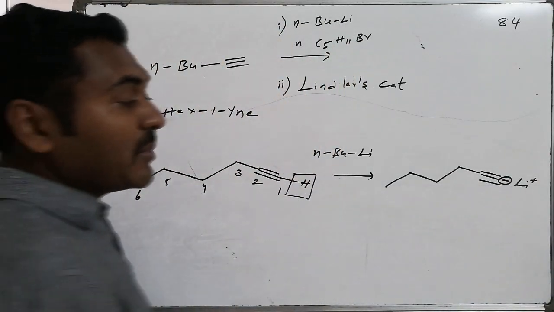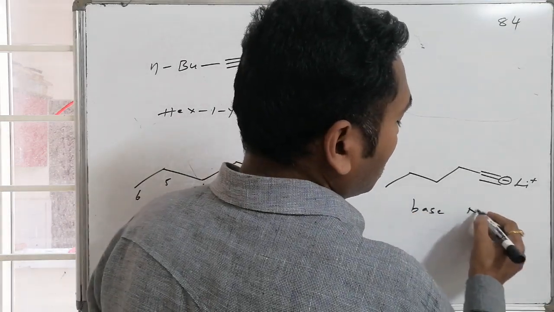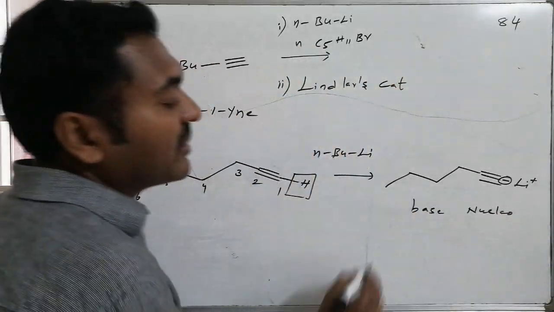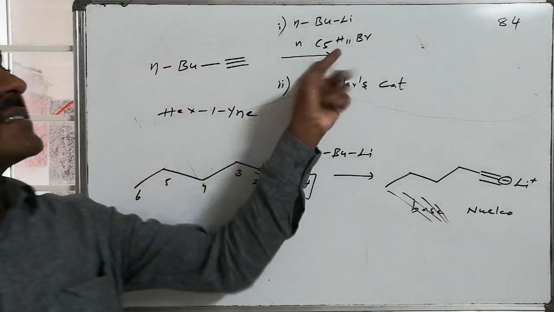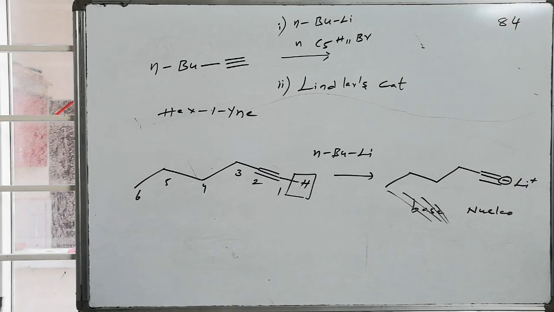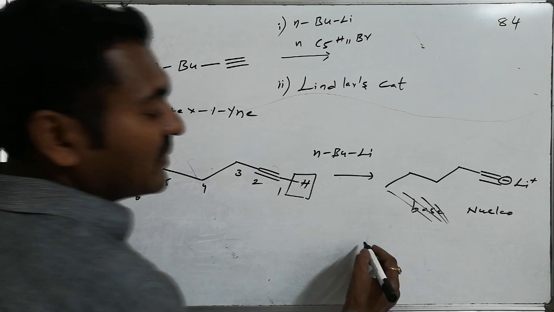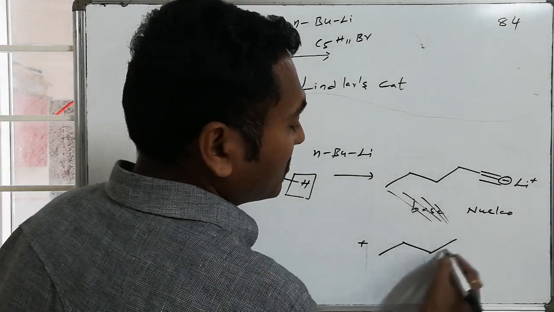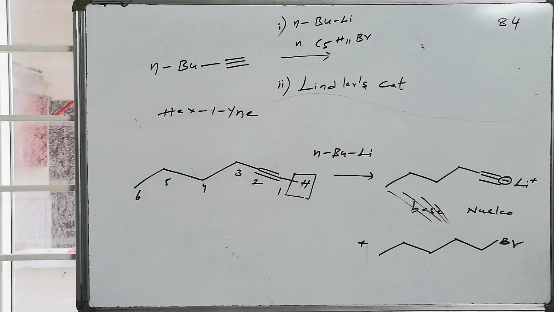Now this can behave as a base, and it can behave as a nucleophile. Two possibilities are there, but under these conditions it is allowed to react with a leaving-group-containing system, that is the pentyl bromide system, hence it is acting as a nucleophile. So on reaction with the pentyl bromide system, 1, 2, 3, 4 followed by 5, here bromine is present, and bromine is acting as a leaving group.